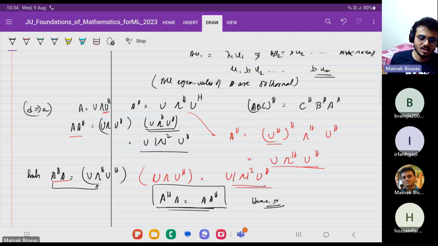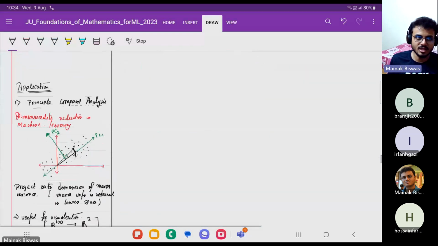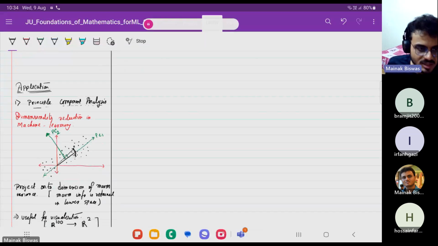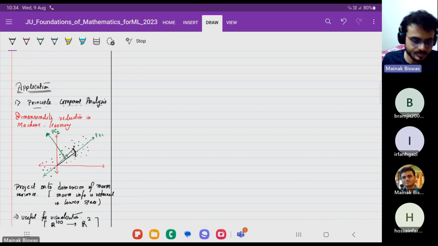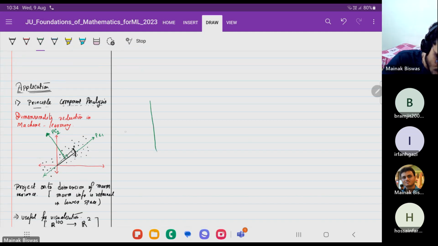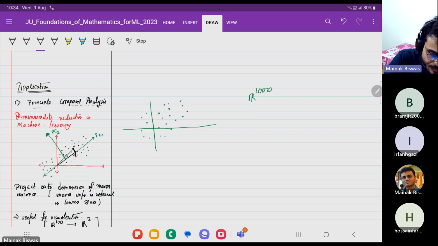Now we come to the application. PCA will take 5 minutes and SVD will take 15 minutes. Let's see. PCA, what it does, say you have n data points. In machine learning, you generally have features over R to the power, say 10,000.